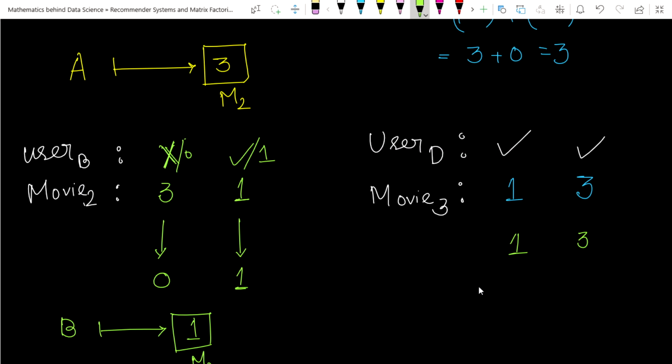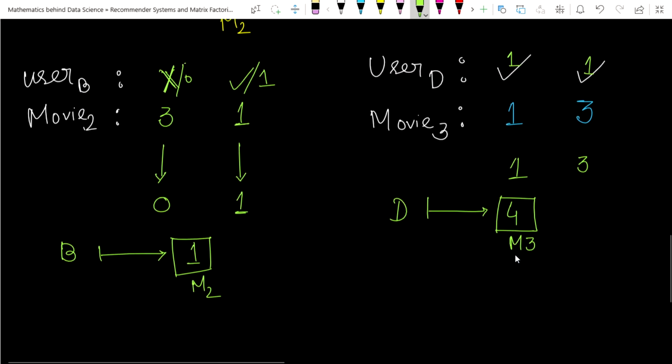So we can conclude that user D may give a 4 rating. It's all probabilistic. Maybe a 4 rating for movie M3. Can we conclude that? If you multiply those two things and sum up, you get 4. I think you got the idea how the dot product has come into our picture.